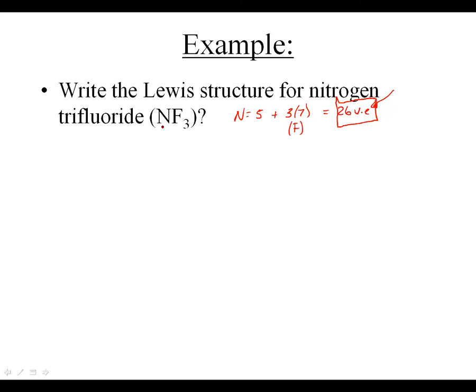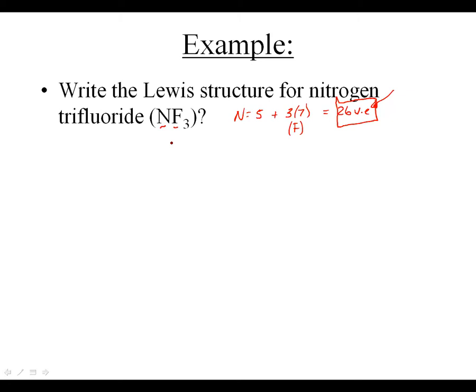Now, logical arrangement between this and these is, since we only have 1 nitrogen and 3 fluorines, nitrogen is probably in the middle with everything attached to it. And in most cases, that is how most of these structures are. You typically have one center atom with everything else attached to it. There is possibility for more than one center atom, but that's a lot of times what you have.